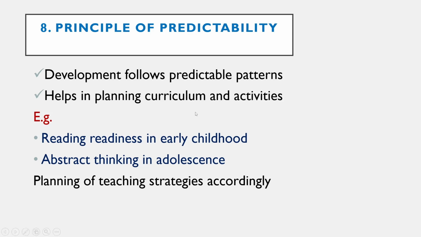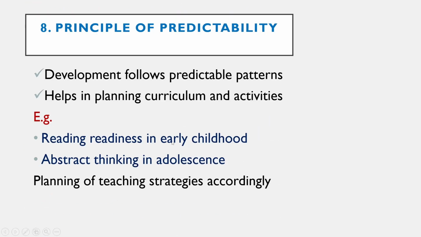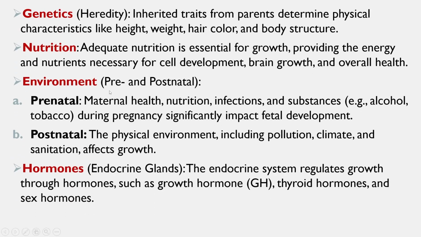Now, these were the eight principles of growth and development, and now we are going to discuss the factors that influence growth and development. So, first is genetics. Genetics includes heredity, inherited traits from parents that determine physical characteristics like height, weight, color, hair color, and body structure.